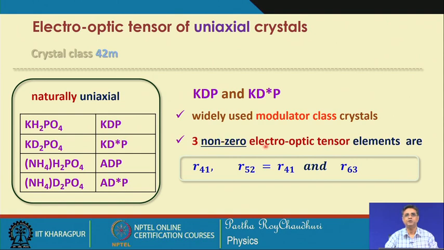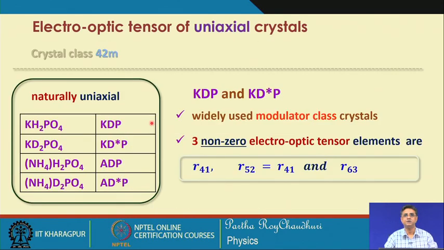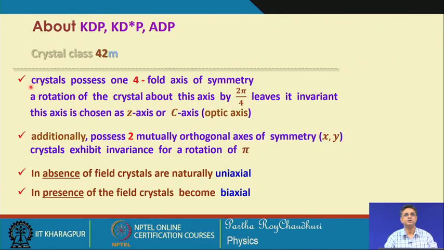The three non-zero electro-optic tensor elements of these crystals are R 41, R 52 equal to R 42, this we have seen, and R 63. R 52 and R 42 have the same value, as you can see from here. For R 41 and R 52 the values are 8.77 for KDP. So, we will use this value for the estimation of birefringence.